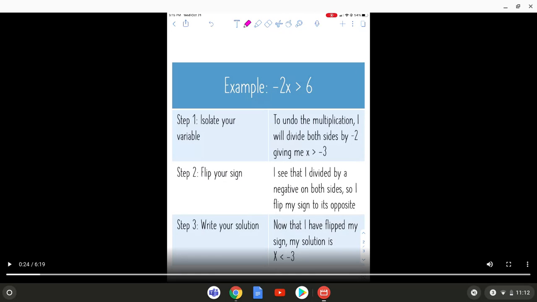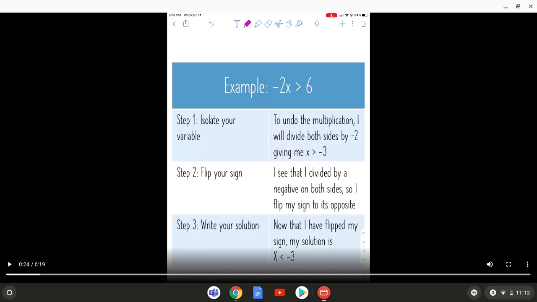So since I have a negative 2 as my coefficient, I am going to be flipping my sign. So as you can see here on step 3, when I write my solution, it goes from x is greater than negative 3 to x is less than negative 3.